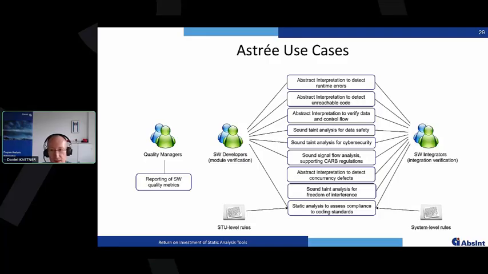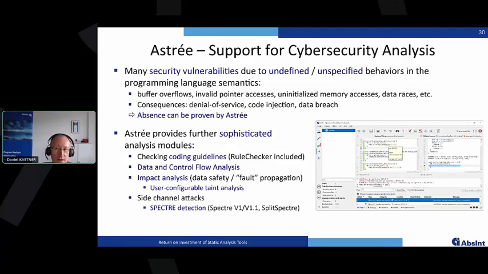And coming back to cybersecurity again, the observation is that a lot of security vulnerabilities come from undefined, unspecified behavior in the programming language. So just the things S3 detects. And the nice thing is that S3 can really prove their absence. So you can prove the absence of buffer overflows, which is already a pretty good cybersecurity property.